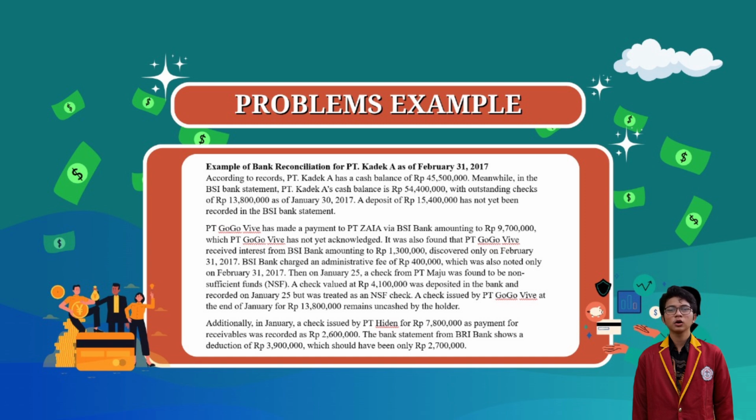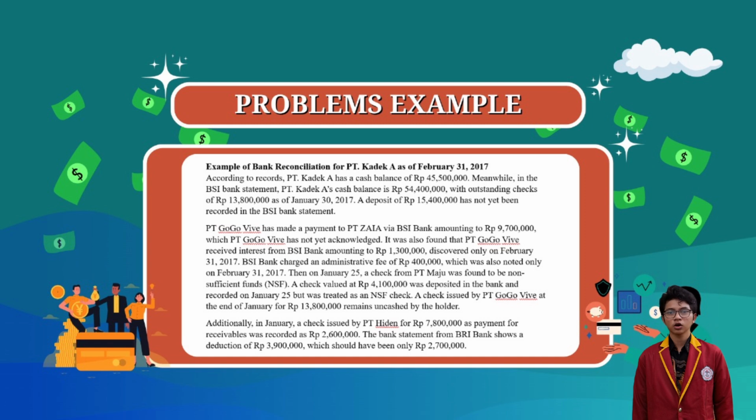Given data. Cash according to company records equals 45,500,000 Indonesian rupiah. Cash according to bank statement equals 54,400,000 Indonesian rupiah. Receivables collected by the bank equals 9,700,000 Indonesian rupiah. Interest income equals 5,200,000 Indonesian rupiah. Bank administrative fee equals 400,000 Indonesian rupiah.